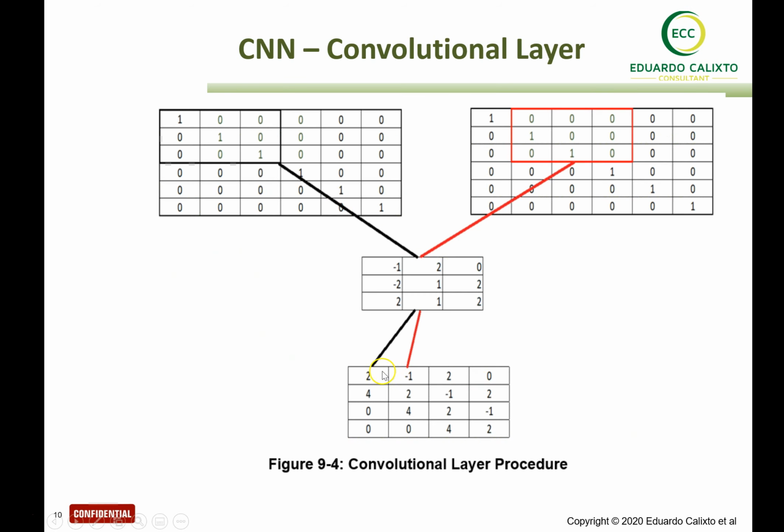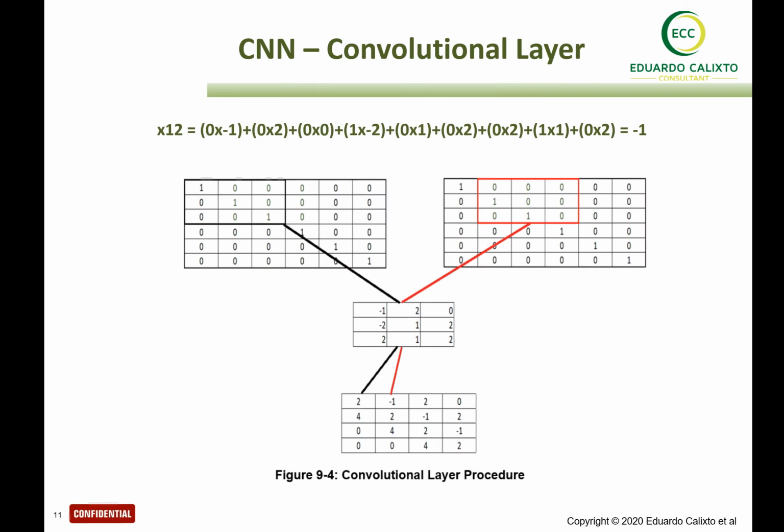Okay, so I go to the next element. How do I define this element? By using the same filter, now I shift this 3 by 3 matrix one space to the right side. And then I go again through the same process, multiplying the elements of this new submatrix by my filter.